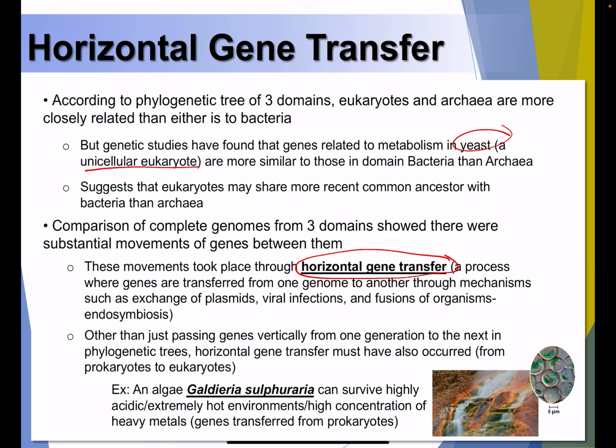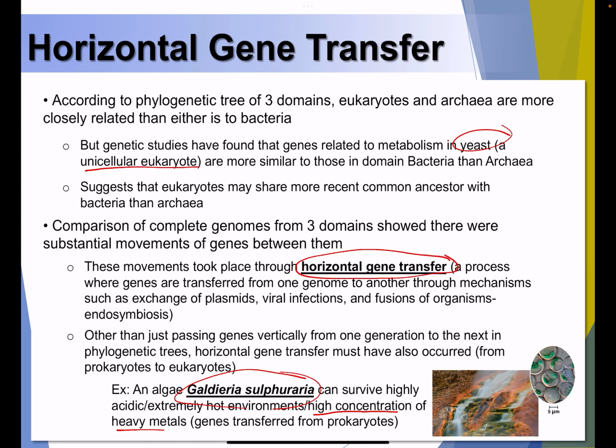And then another example of horizontal gene transfer that shows us this is true is this algae called Galdieria sulphuraria. This particular species can amazingly survive in extreme conditions, such as highly acidic environments or extremely hot environments, or environments where there's a high concentration of heavy metals that most algae can't live in.